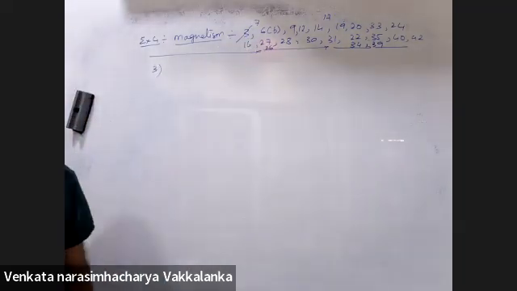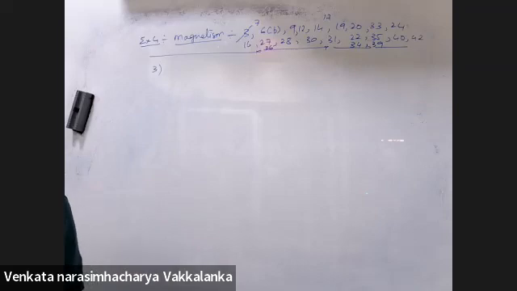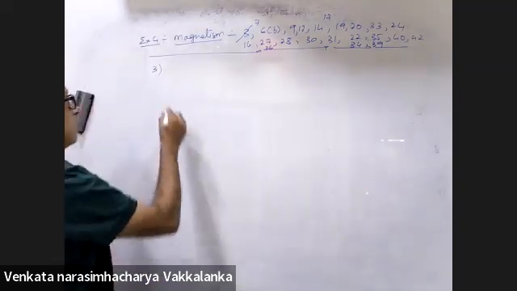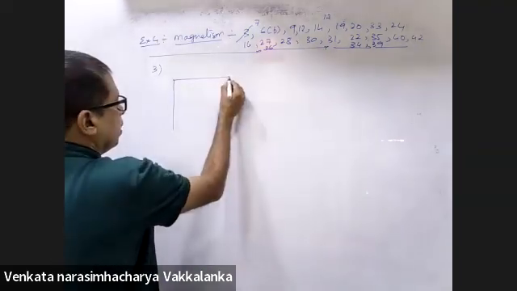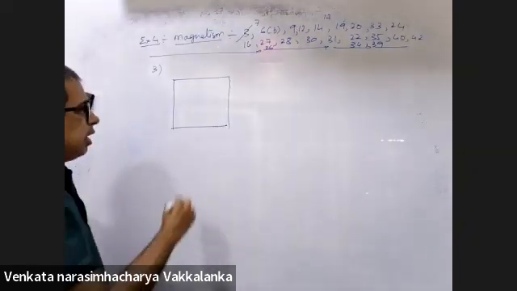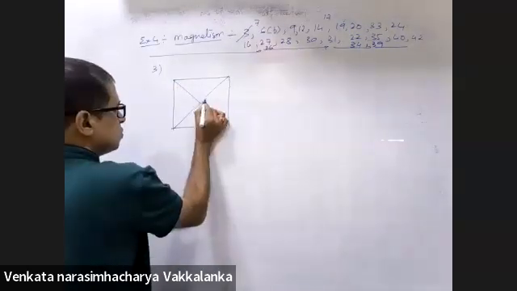Question number 3. Find the magnetic induction at the center of a rectangular wire frame whose diagonal is equal to 16 centimeters and the angle between the diagonals is this. The current flowing in the frame is this. See how unfair this question is. You are given a rectangular wire frame with the angle between the diagonals.